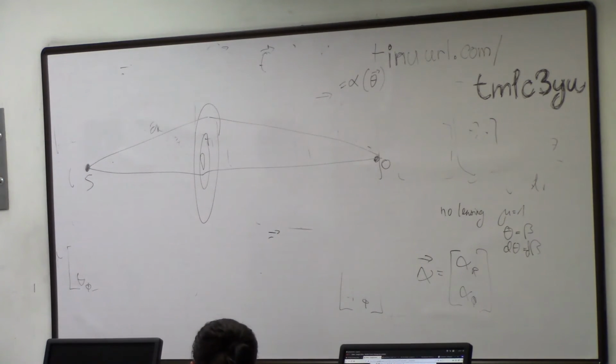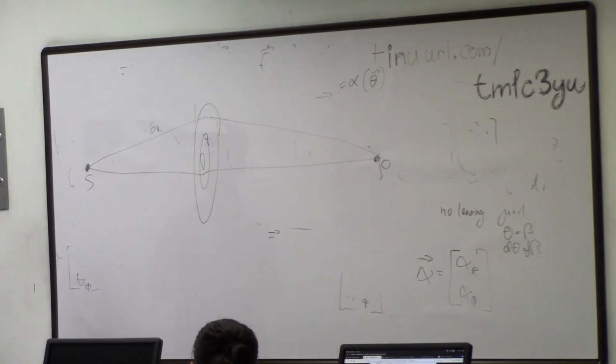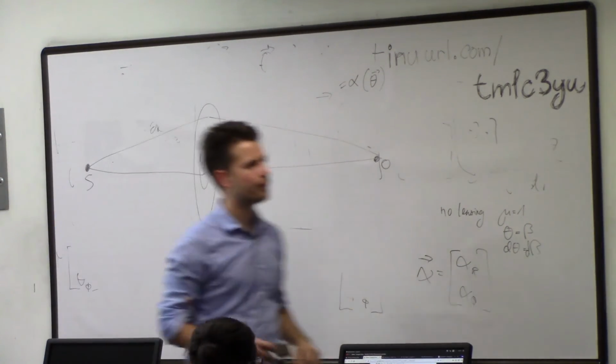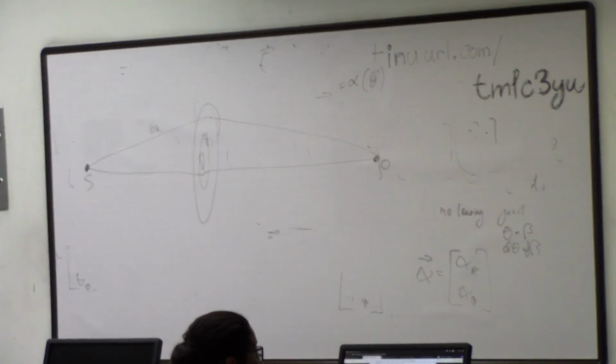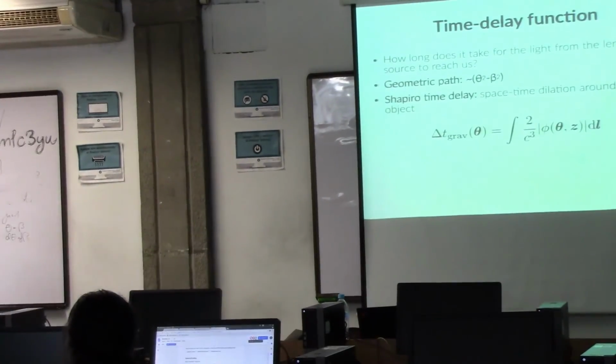Longer path, light goes at a constant velocity. We are forgetting about any changes in optical index here. So longer path, longer time delay. And then this would be nice if we weren't doing general relativity, because general relativity actually has some space-time dilation.